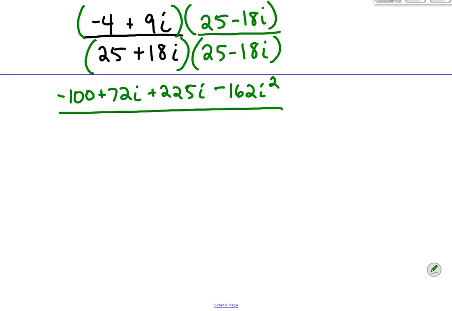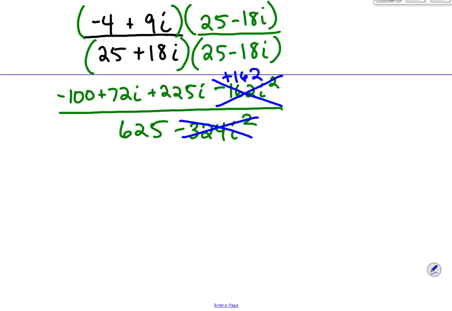Then my conjugate pairs, 25 times 25 is 625, and 18 times 18 is 324, so minus 324i squared. Again, I'll make that change. The minus 162i squared becomes plus 162. The minus 324i squared becomes plus 324.